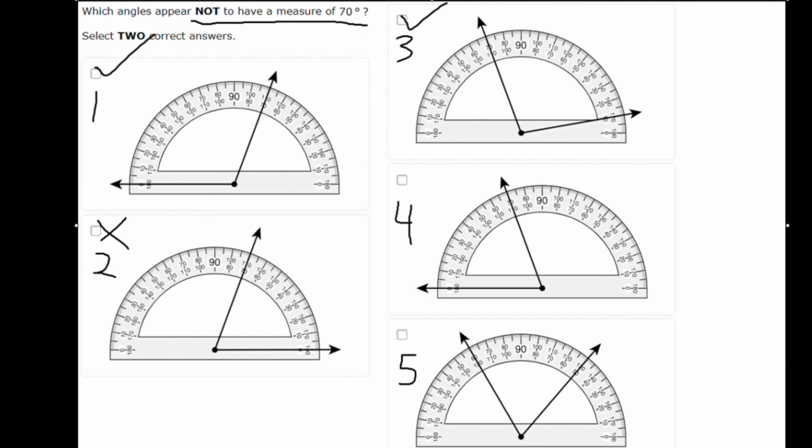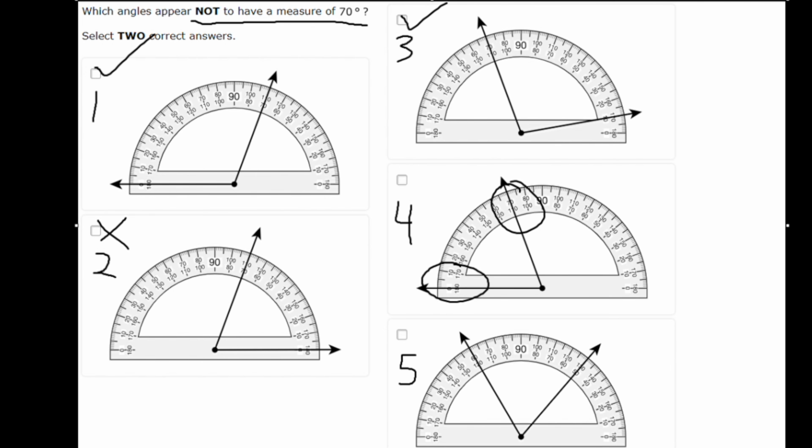Let's check out number 4. The question already told us to select 2 correct choices, but we just want to be safe. We want to make sure that no other answer choice is correct. So let's check everything just to be safe. So let's check out options 4 and 5. Option 4 lines up right here, right here.